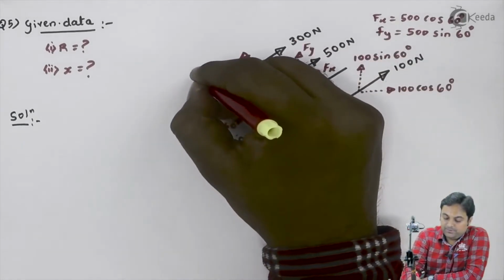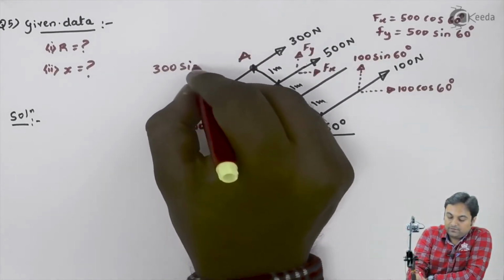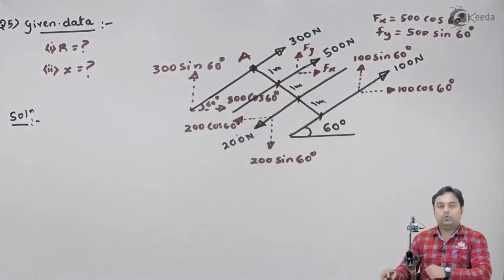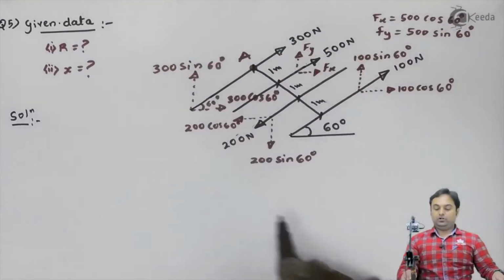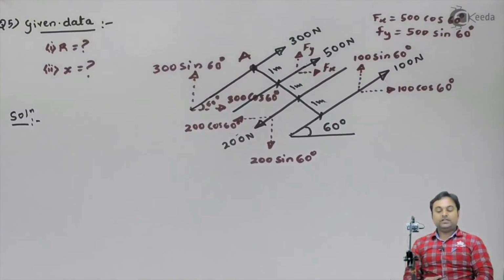Vertical component will be 300 sin 60 degree. So now I have resolved all the forces and shown it on this diagram. Now we can easily calculate the resultant here.